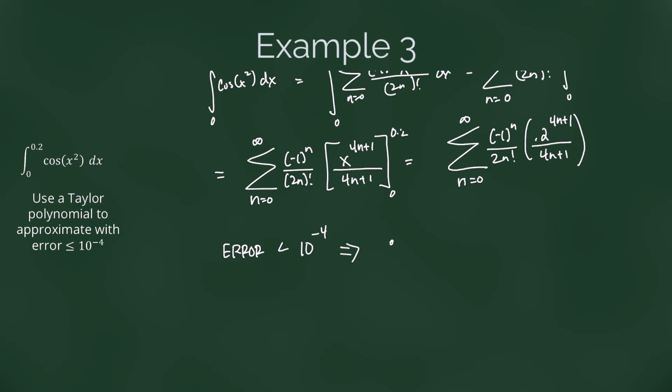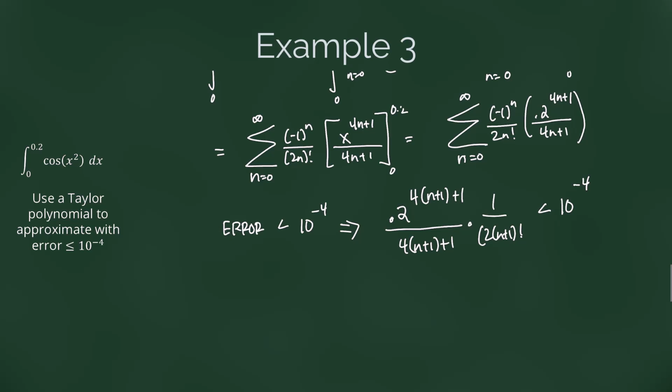So in other words, we want 0.2 to the 4 times n plus 1 over 4 times n plus 1 times 1 over 2 times n plus 1 factorial, all of that to be less than 10 to the negative 4th.